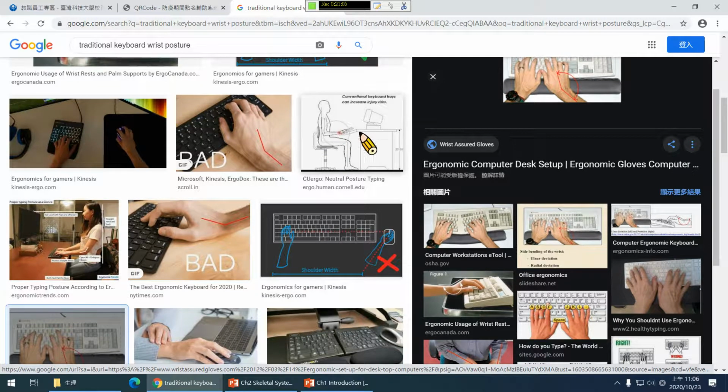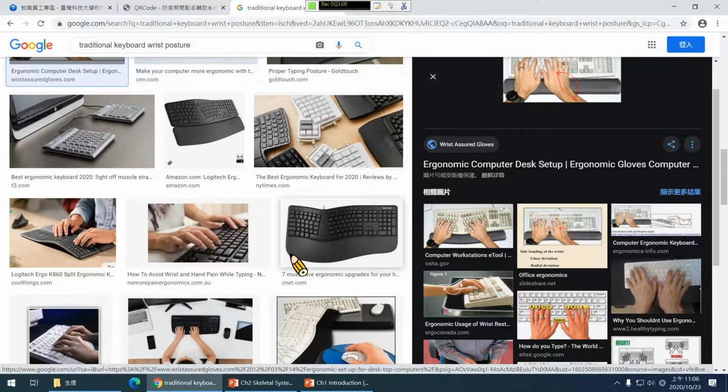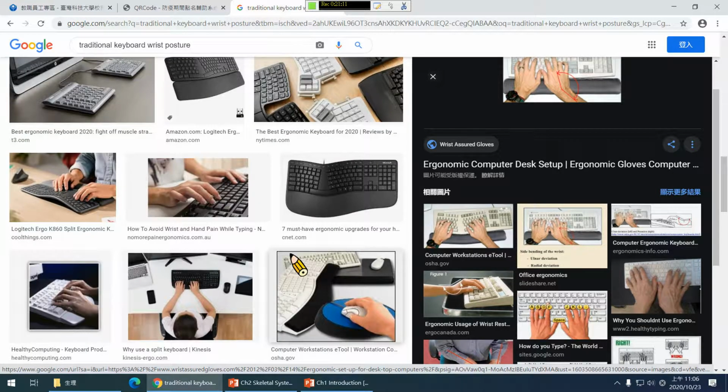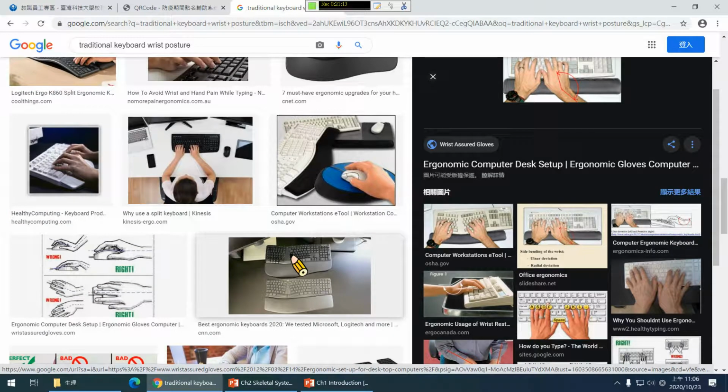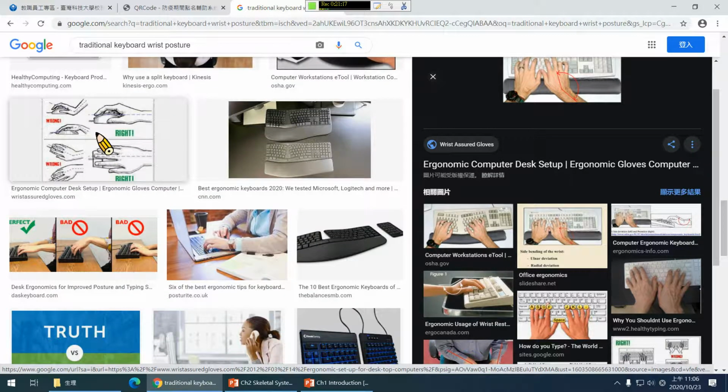Okay, and there's something like this. This is wrong because the wrist is flexed when you are using this mouse.